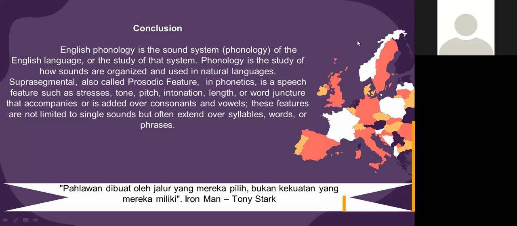In phonetics, it is a speech feature such as pitch, tone, intonation, length, or word juncture that accompanies or is extended over consonants and vowels. These features are not limited to a single sound, but often extend over syllables and words.